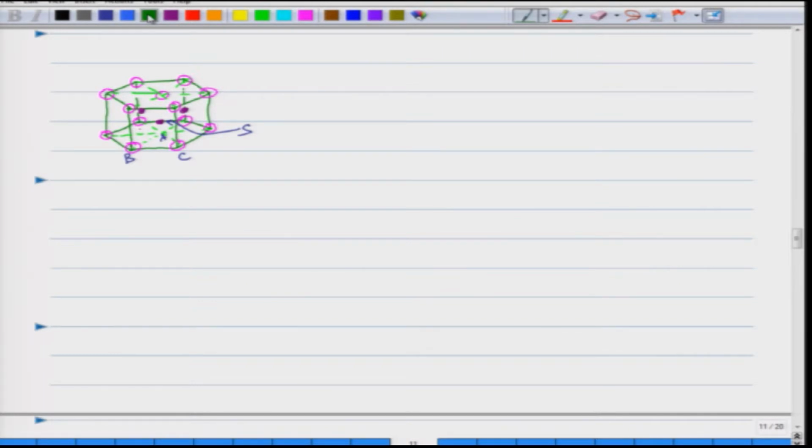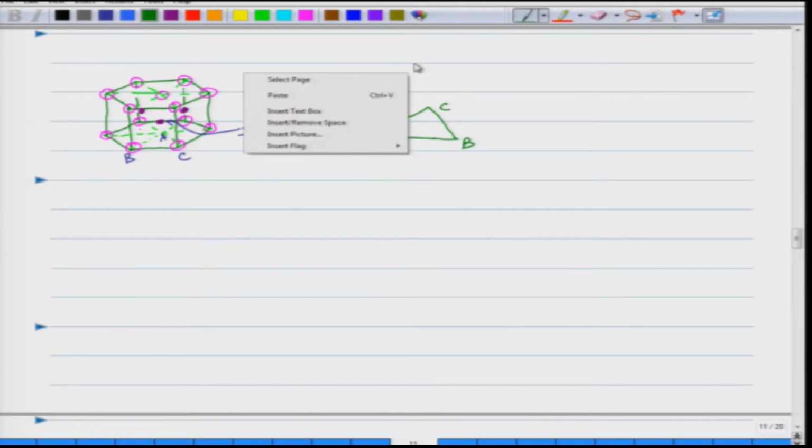Now, it is not a tetrahedron because not all the sides are at 60 degrees. So, we will draw something which will look like this. This is A, this is B and this point is C, and over here it is at the centroid. So, from the centroid we will connect all these. So, this becomes S.